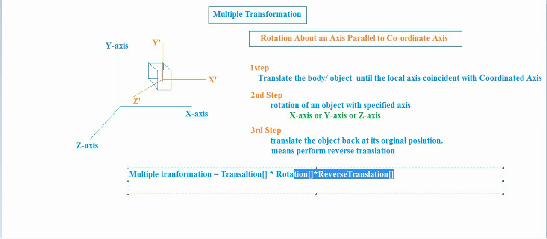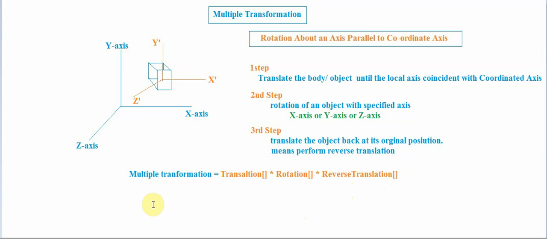So these are the three matrices. These are the three matrices we need to perform. Means we need to perform the matrix multiplication of these three transformations. Then it becomes the multiple transformation. Fine.